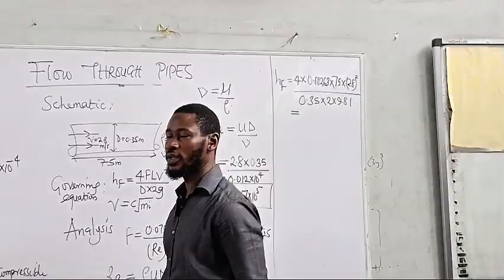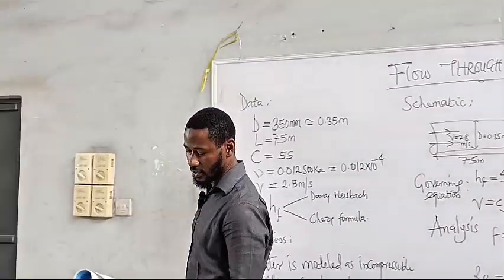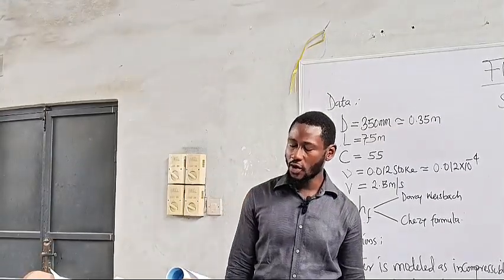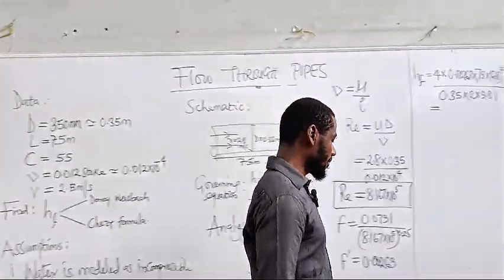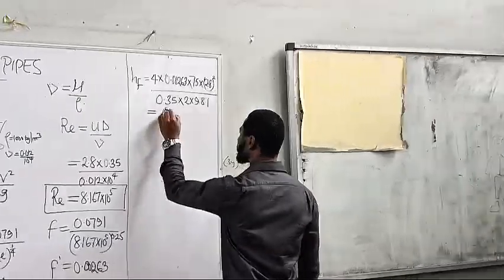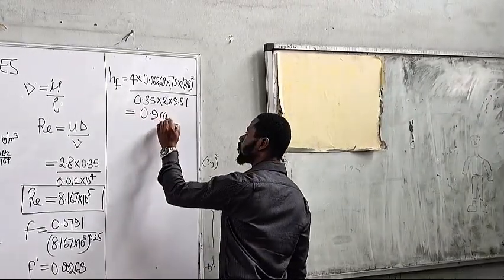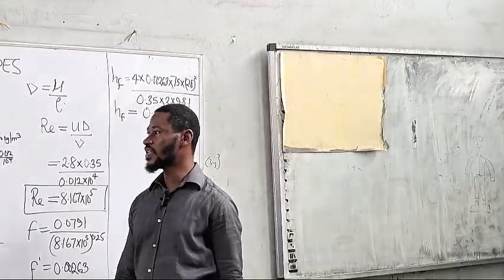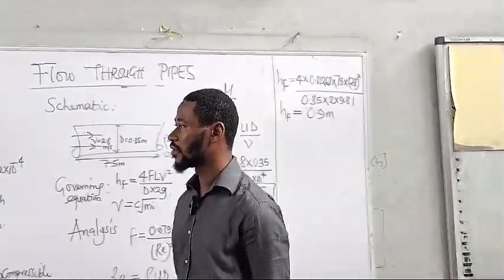When you punch your calculator, you will notice that the final result becomes 0.9 meter. So this is the head loss due to the Darcy-Weisbach equation.